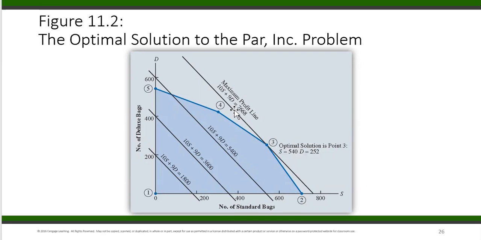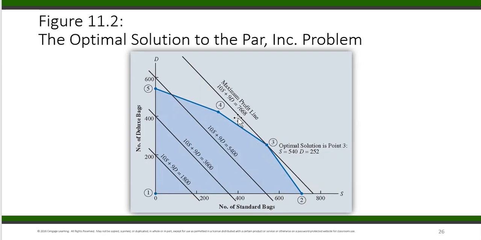So if you just put 76, 69, then the line will be outside of the feasible region, meaning that there's no point in the feasible region that can give you a profit of 76, 69. The largest value for your intercept, or for the value of your objective function, can go all the way up to 76, 68.